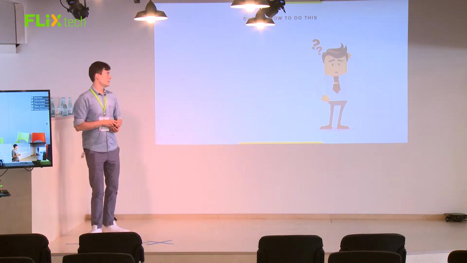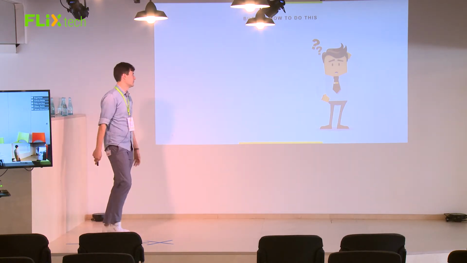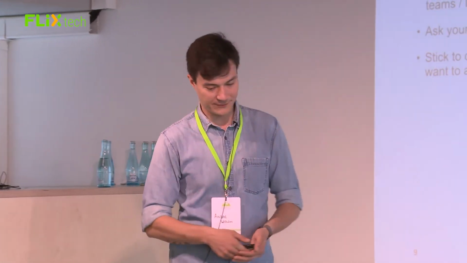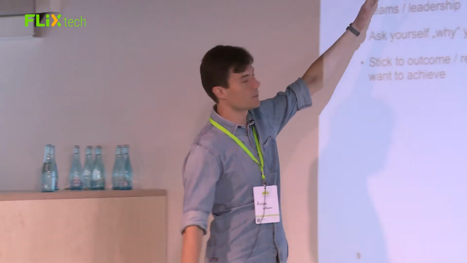So, yeah, how to do this? I try to explain it a little bit quickly in this presentation. For an objective, just 3 things. You should be clear on your vision.